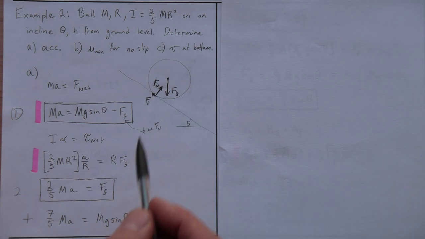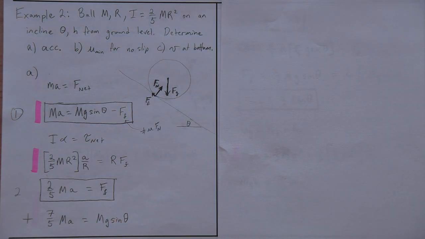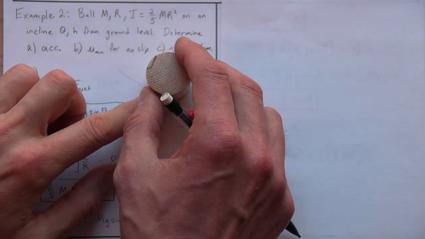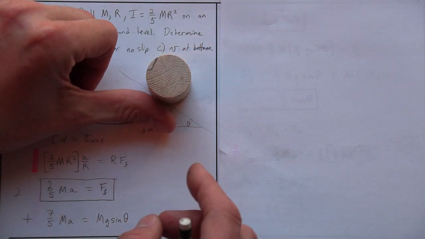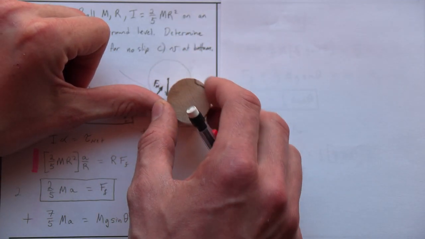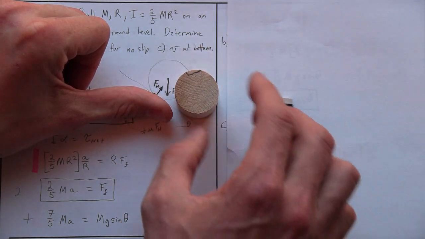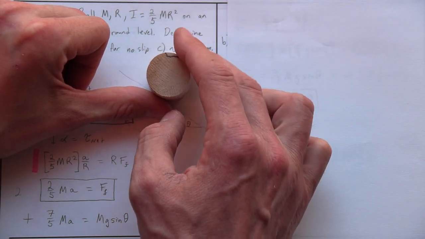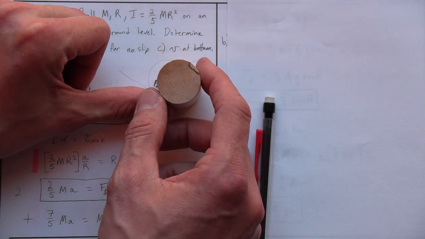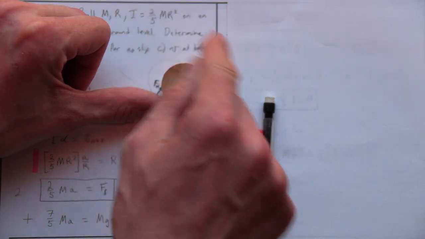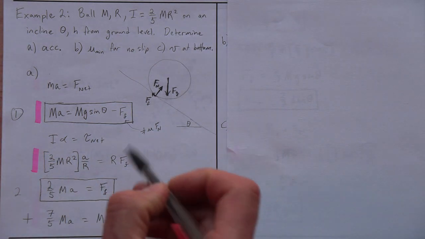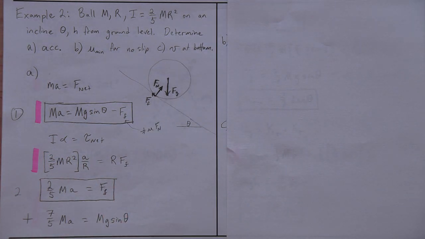And then there's a friction in the backwards direction. When something rolls down a hill, instead of just sliding down like this, friction holds it back, and that's what makes it turn rather than just sliding down. The friction here pushes back to allow alpha to accelerate like this. Okay, so there are the 3 forces on the ball rolling.